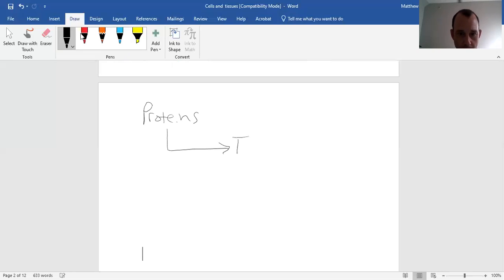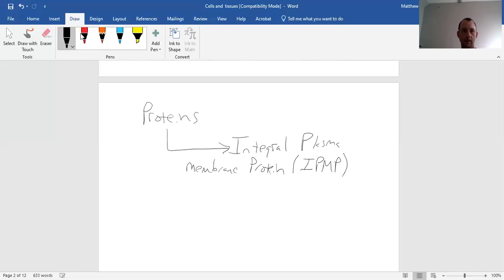There is what's called an integral plasma membrane protein, or from now on, I'm going to abbreviate that as IPMP. There are integral plasma membrane proteins, and integral plasma membrane proteins are proteins that are firmly embedded in your phospholipid bilayer.